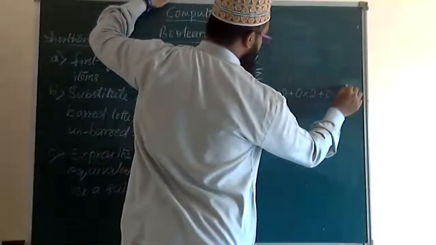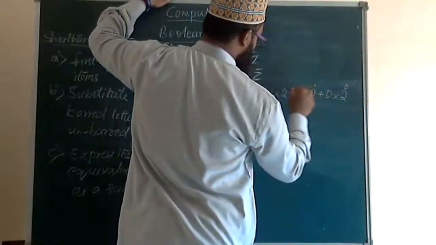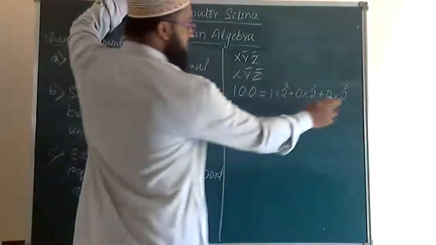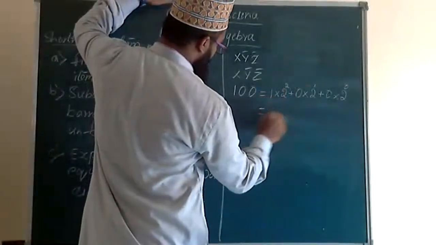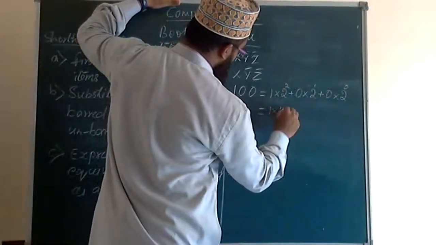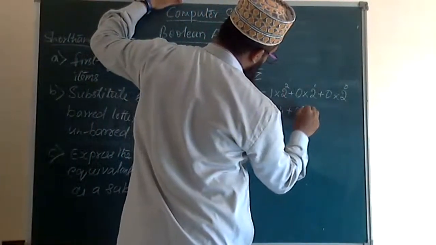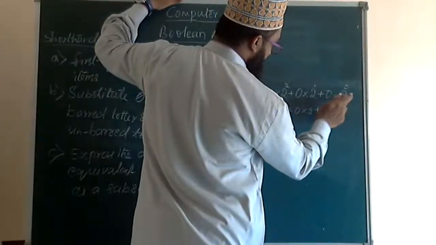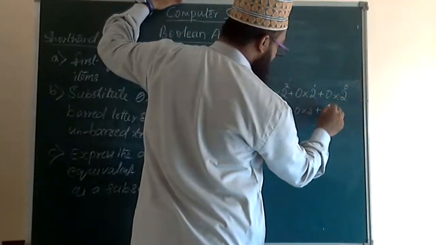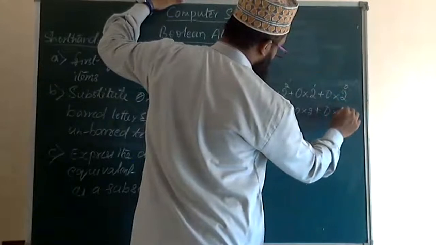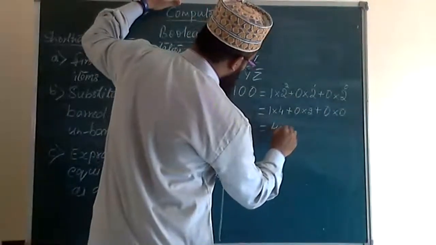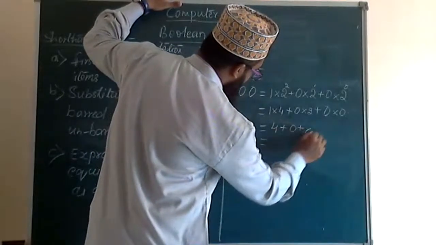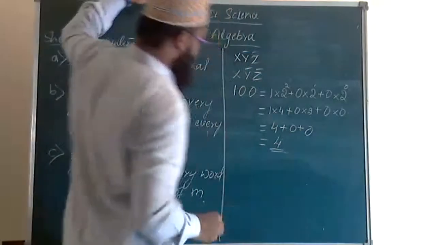This is the 0 place, then 2 to the power of 1, then 2 to the power of 2, which is 1 into 4 plus 0 into 2 plus 0 into 1. Remember, anything to the power 0 is 1. So the total is 4 plus 0 plus 0, and the answer is 4.